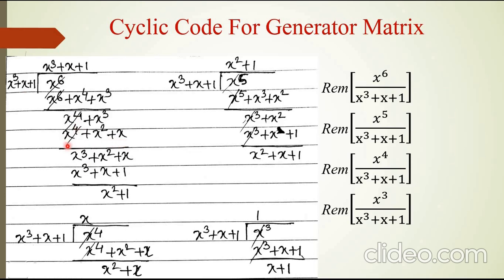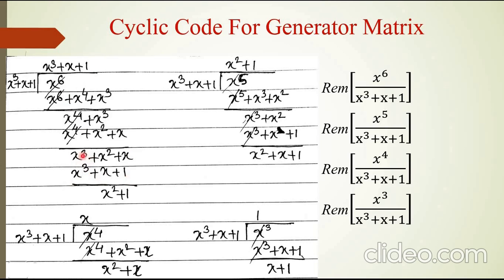In modulo 2 addition, this x to the power 4 will get cancelled, and it will be x cube plus x squared plus x. Now here it is x cube, so you just multiply it with 1, and it will be x cube plus x plus 1.